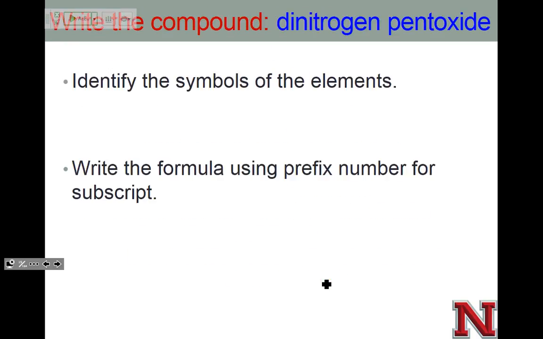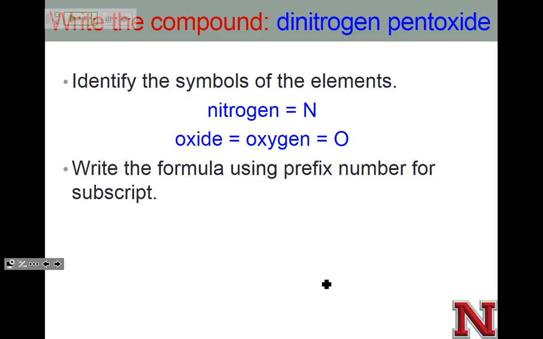If we look at dinitrogen pentoxide, we have nitrogen, and oxide would be oxygen. So those are our two elements. Then we have our amounts, because unlike with ionic bonding where we can use the charge from the periodic table, that's not how covalent bonding works.